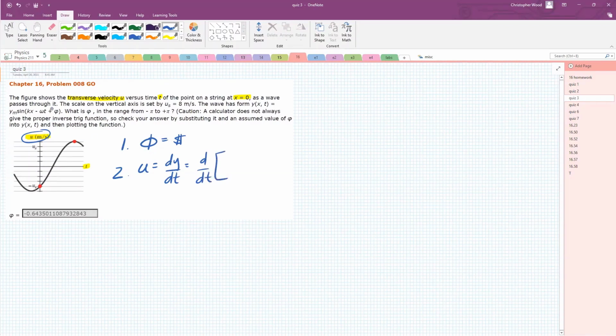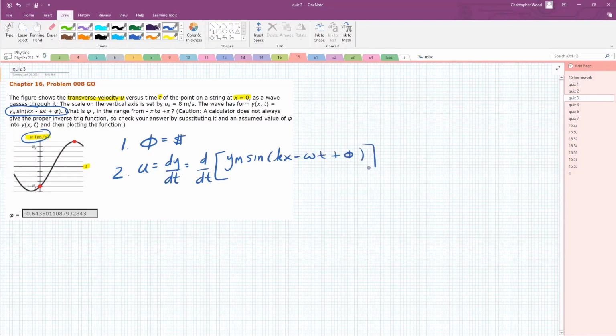They gave you the position function. They said to use this, and they didn't really need to do that. This is just the standard wave equation. So what is the time derivative of y sub m sine of kx minus omega t plus phi?